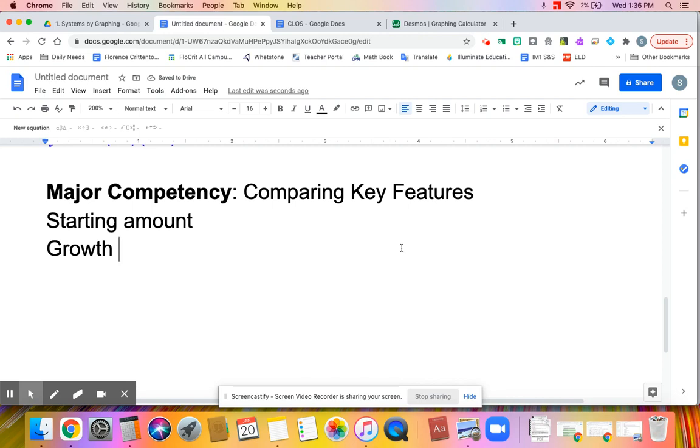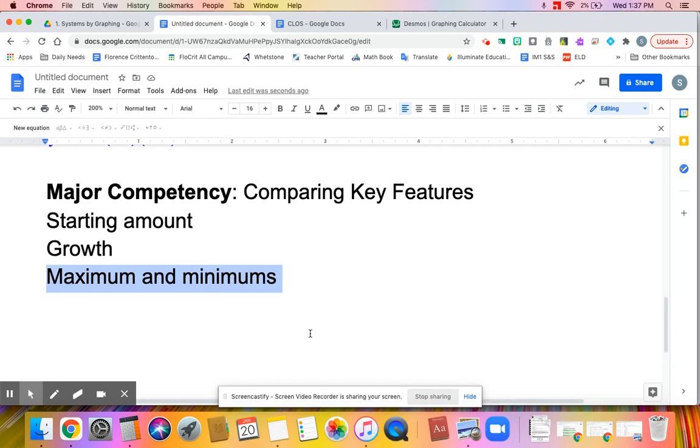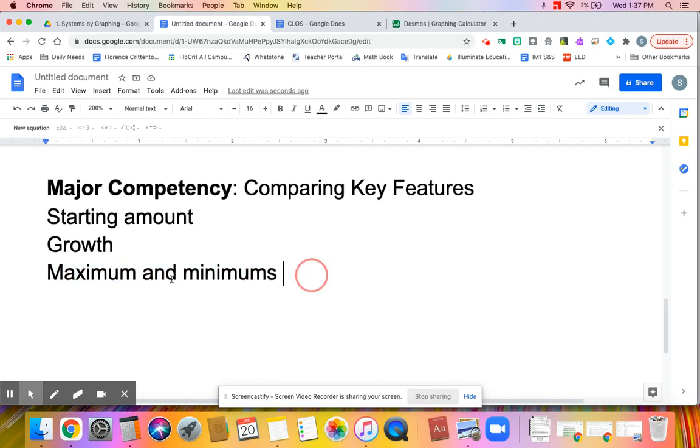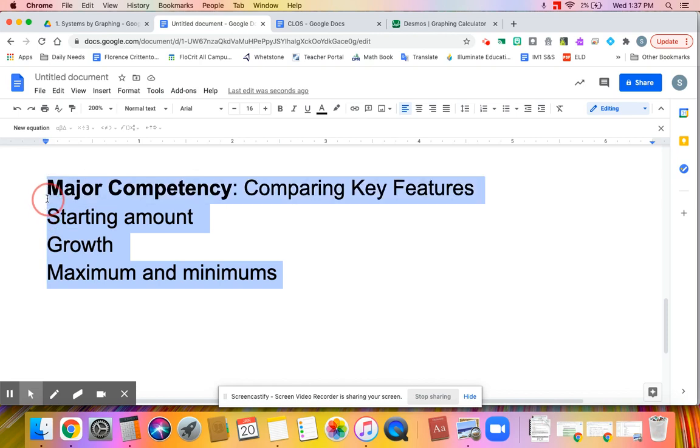Is it being added on? Is it being multiplied on? What type of growth do you have? We can also compare the maximums and minimums. So maximums and minimums are where is the graph at the biggest amount or the smallest amount?